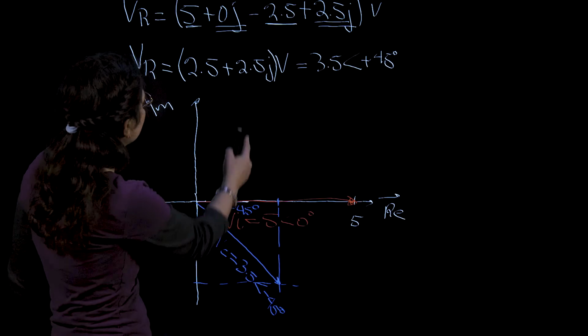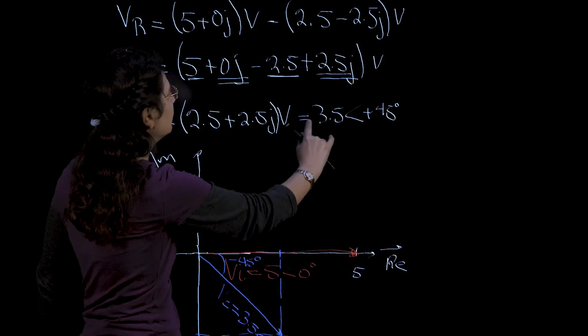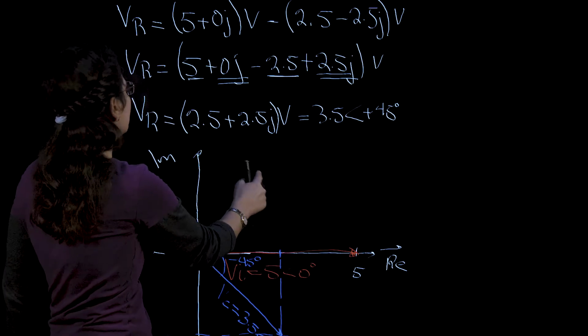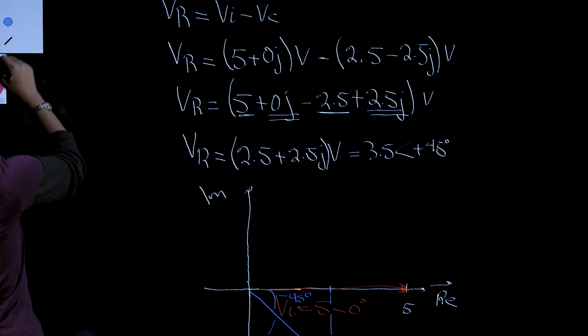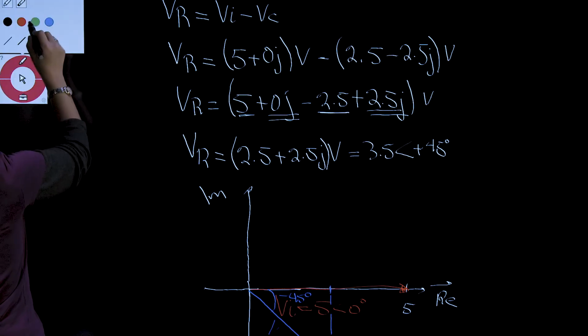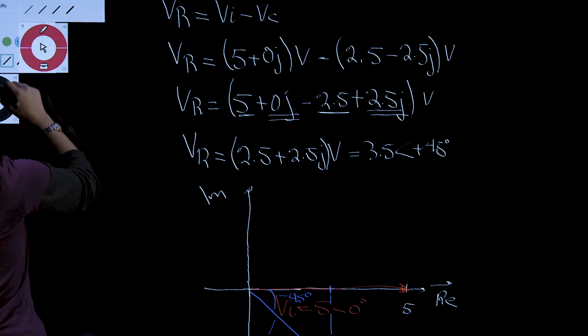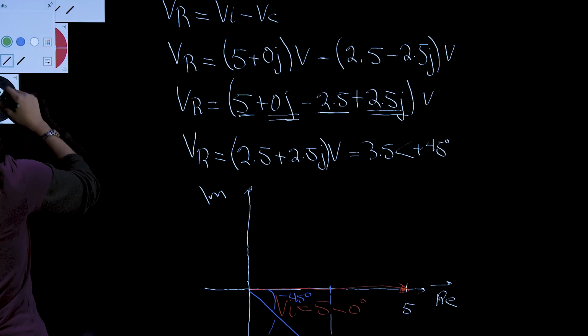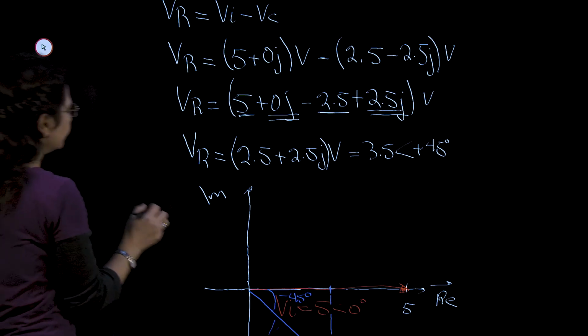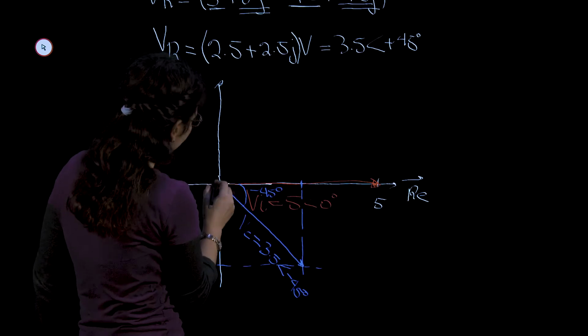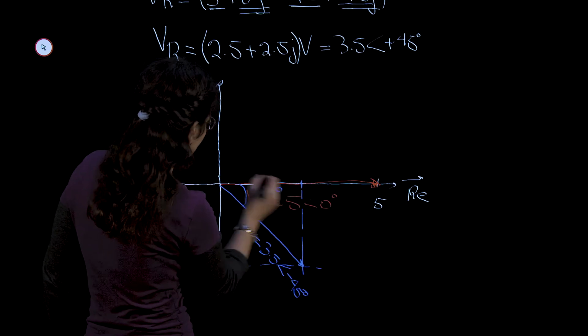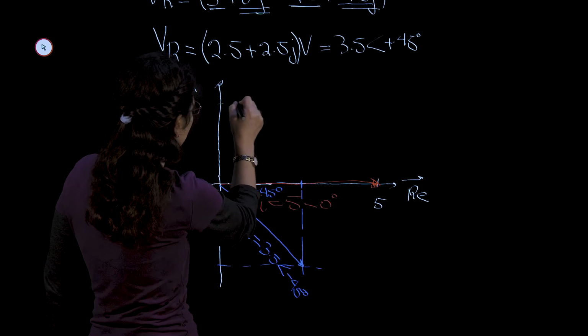And the voltage in the resistor would be 2.5 plus 2.5j. So I'm going to plot that in green. So I have the 2.5 from here and 2.5 here.